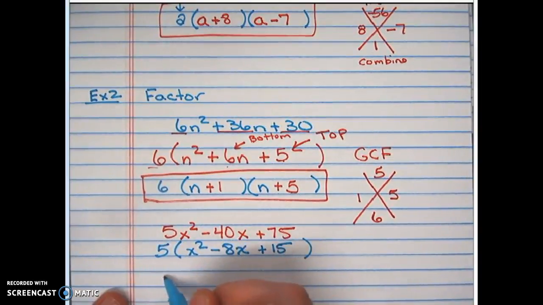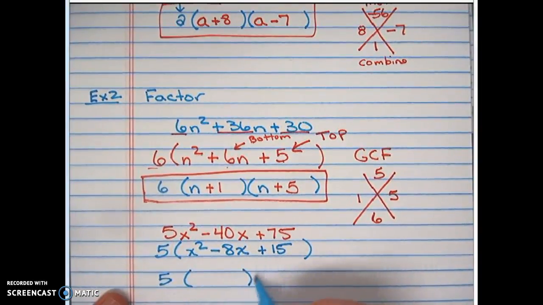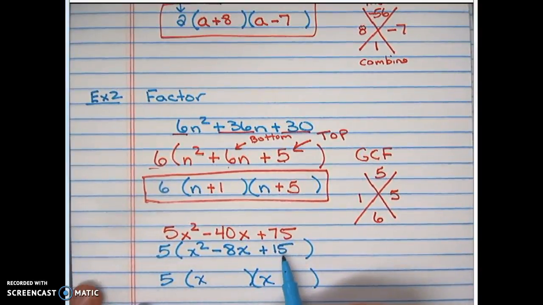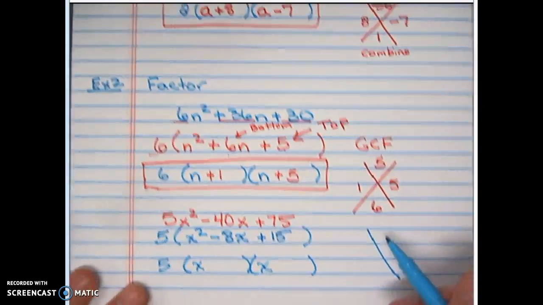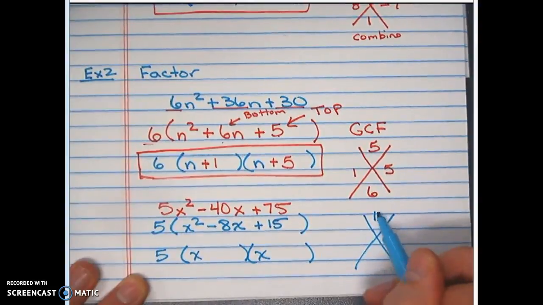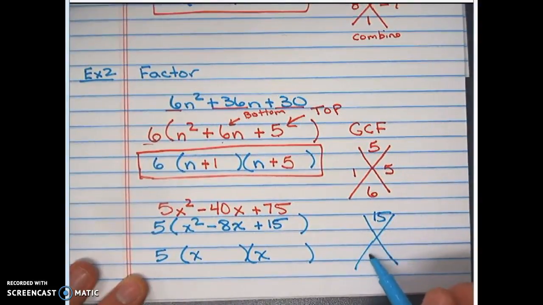And now we're going to split this up into 2 binomials. X squared is an x times an x. And we need numbers that multiply to 15 that add to negative 8. If you set up your factor x, it's pretty easy to figure out numbers that multiply to 15, like 5 and 3, and it's close to adding up to 8.